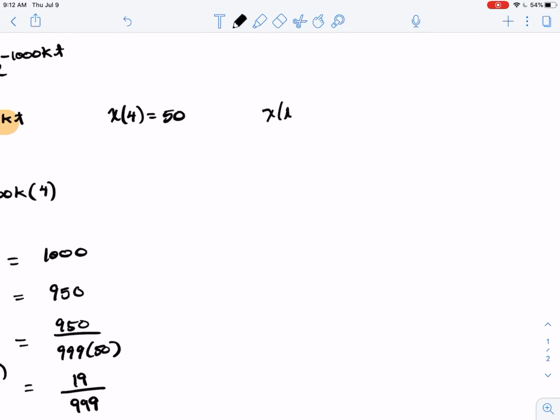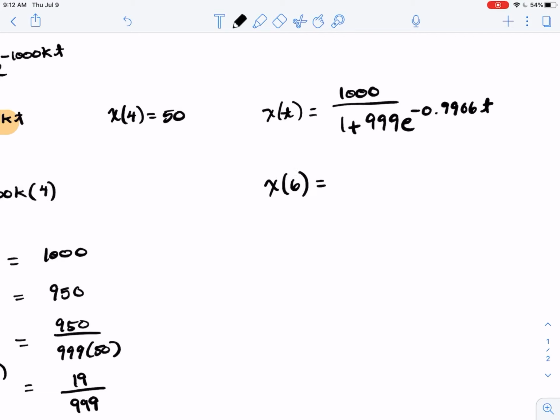So now my equation that I can use will be x of t equal to 1,000 over 1 plus 999 e to that number that we got, negative 0.9906 t. And now I could use that to figure out how many students would be affected.